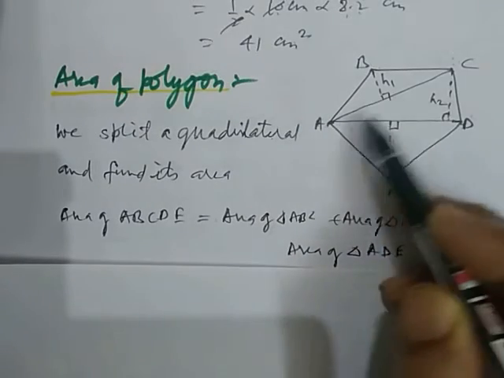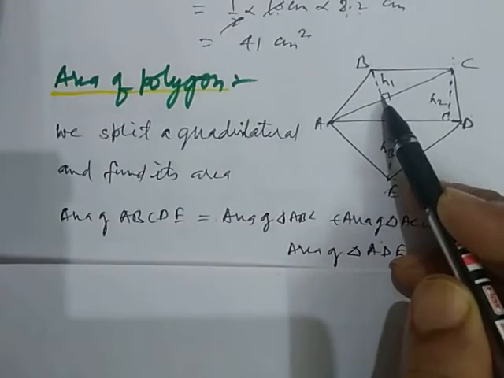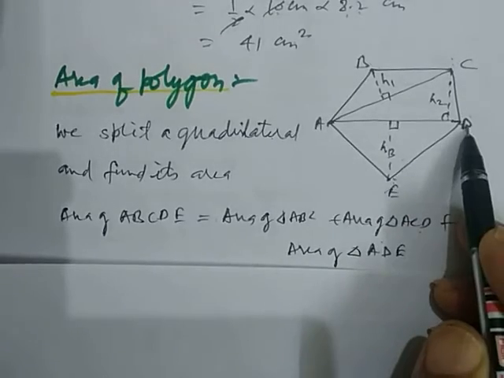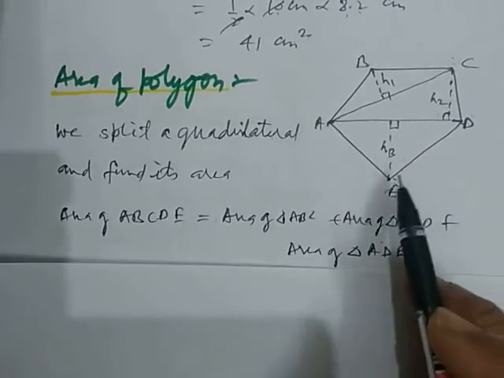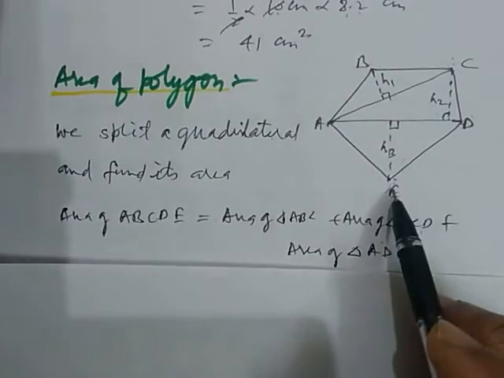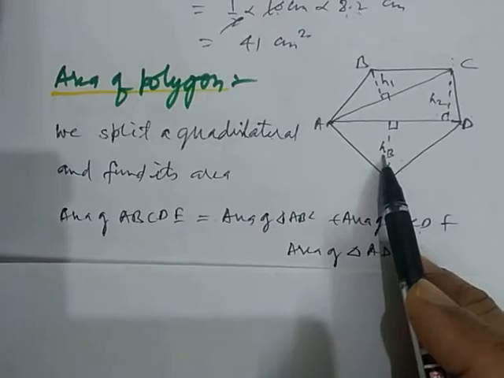In triangle ABC, AC is the base and H1 is the height. In triangle ACD, AD is the base and H2 is the height. In triangle ADE, AD is the base and H3 is the height.